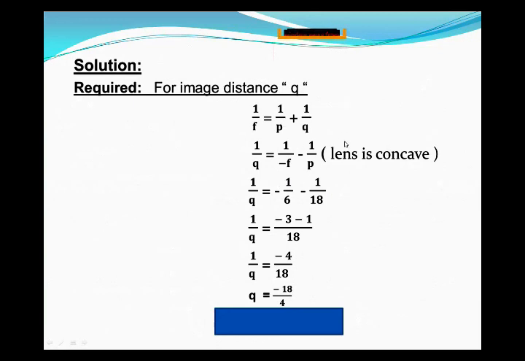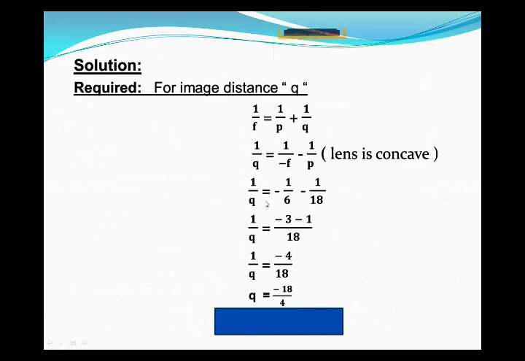So here, observe that we are using F as negative, because the lens is concave. After that, to find the value of 1 over Q, we will shift 1 over P to the other side, so it will become negative. So 1 over Q is equal to 1 over minus F minus 1 over P.